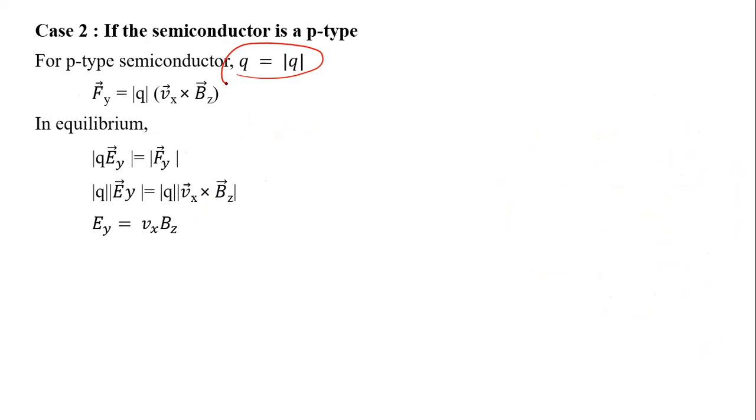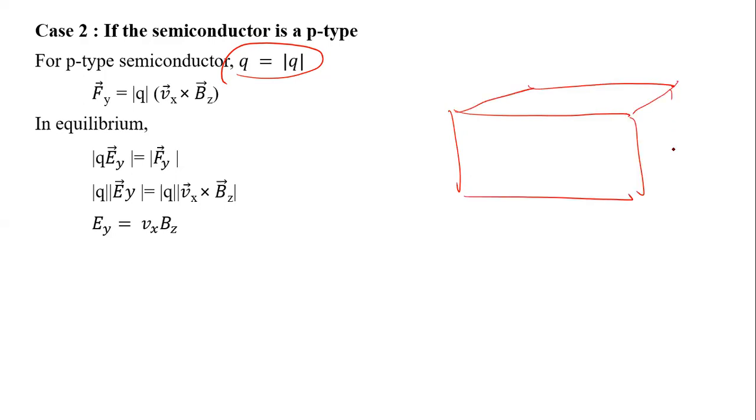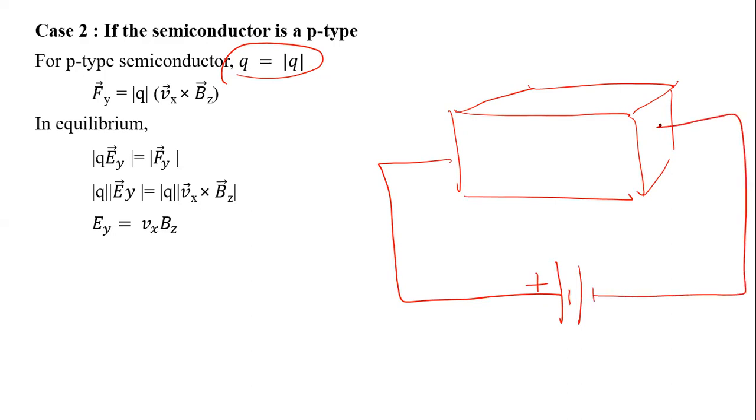Now let us picture this. This is your semiconductor. You are applying a potential just like the previous case. So this side is positive, this side is negative, and you have applied the electric field like this, Ex, right?